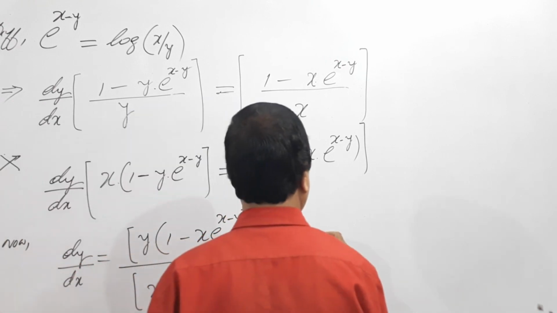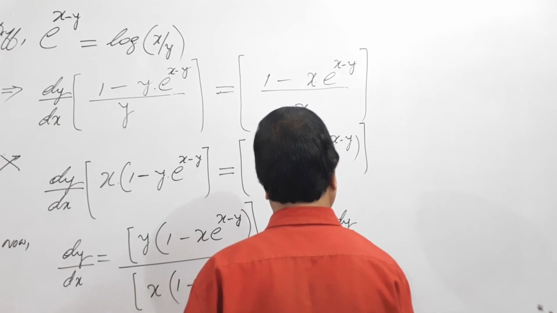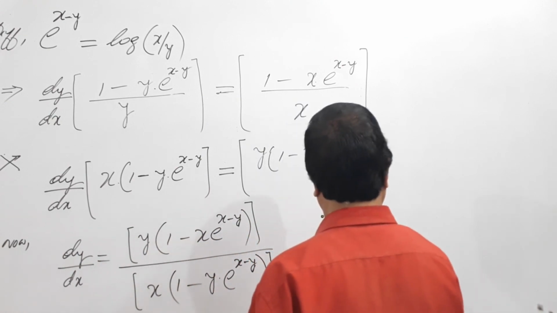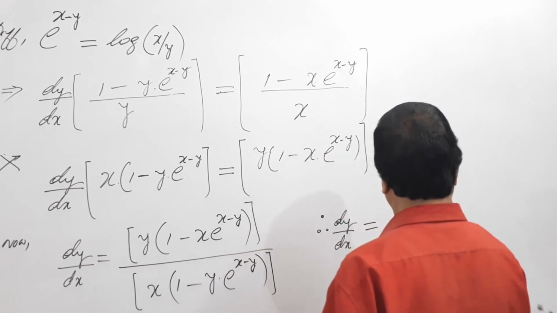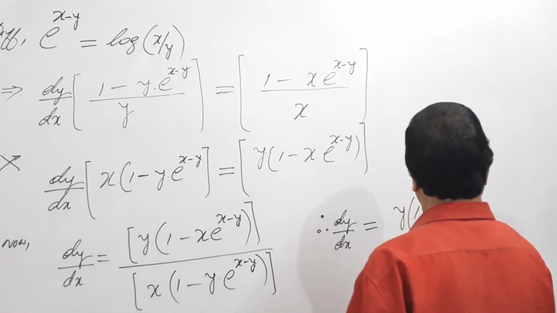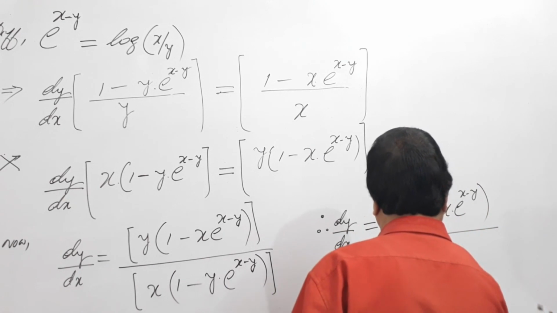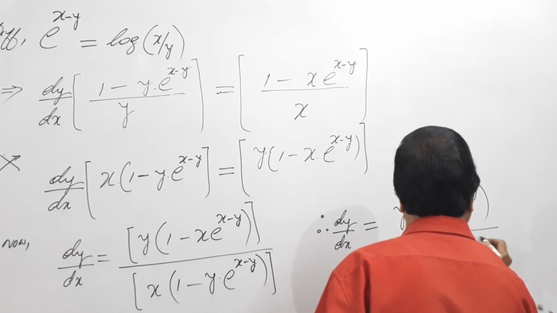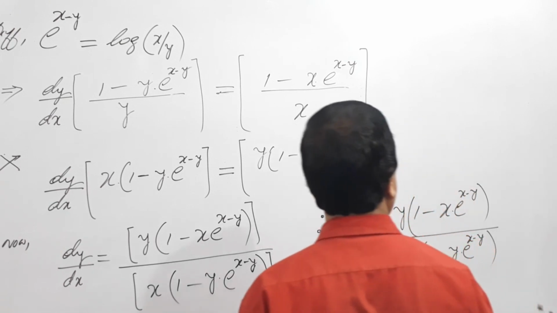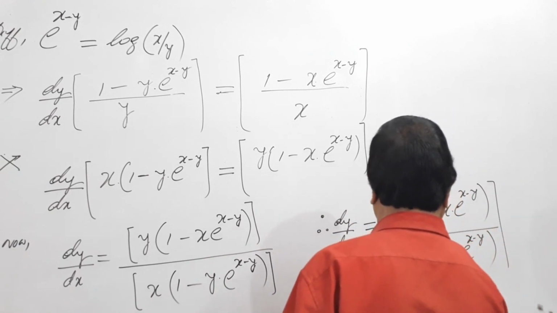Therefore dy by dx equals to y into 1 minus x into e to the power of x minus y divided by x into 1 minus y into e to the power of x minus y. This is the required answer.